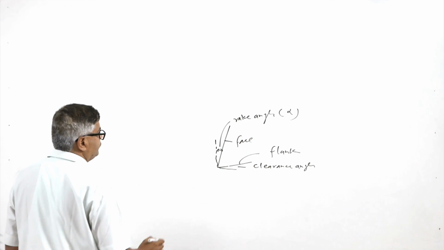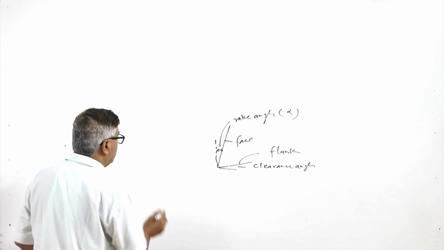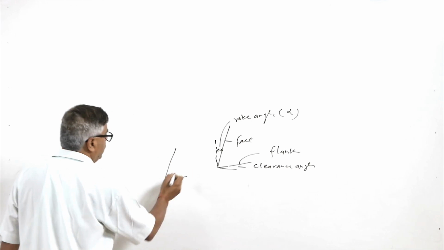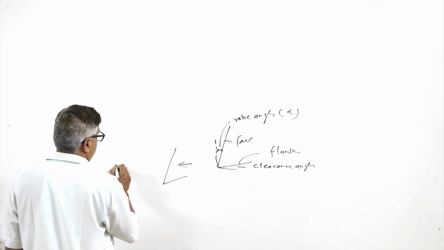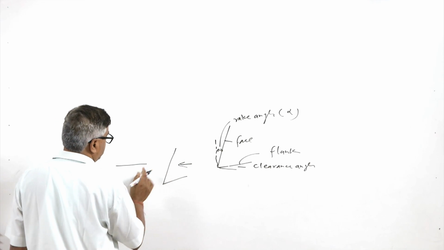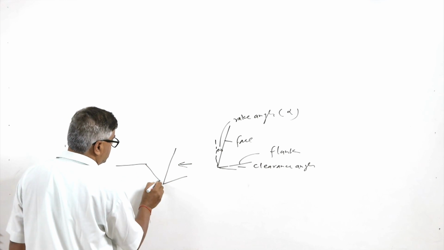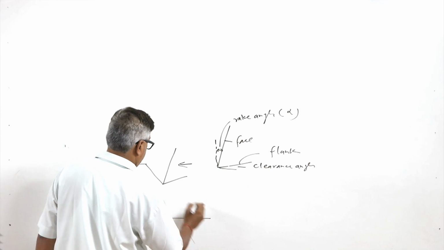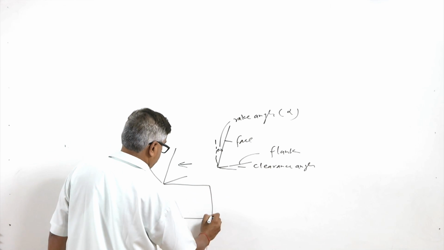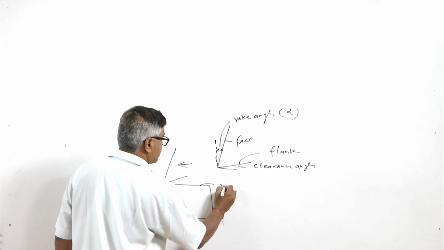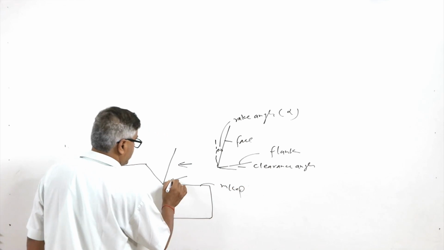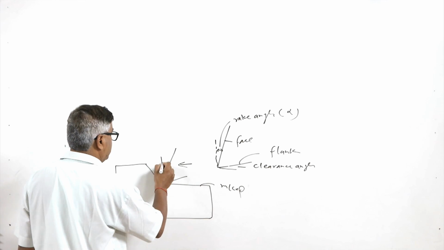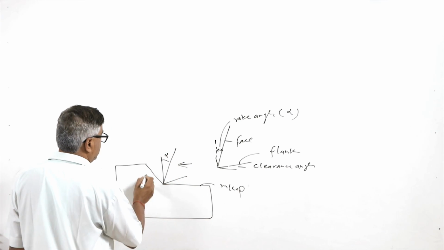In this case, when the tool is moving after certain penetration, it removes the material. Like say this is the machined surface, this is the flank, and this is the rake face, with the rake angle alpha.